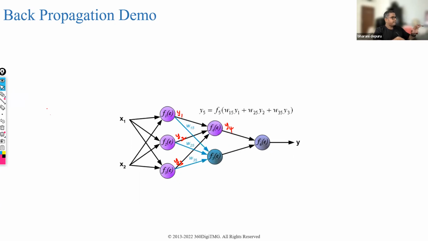Then weights are again randomly assigned. This weight into Y1, this weight into Y2, plus this weight into Y3 will give you the integration component. Take that and pass it on to the activation component. And then you get Y5.